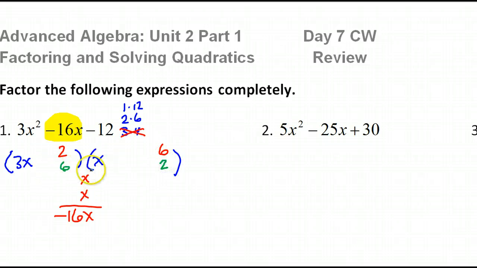Because I'll give you a hint, only one of those is going to work. Or I mean, only one of them has a chance. Am I going to go with the red or the green? I'm going to go with the red. Okay? If I did the green, then the 3 and the 6, there's a GCF there. So don't waste your time on that. So we will not do the green. Okay, so we're going to do the 2 and the 6.